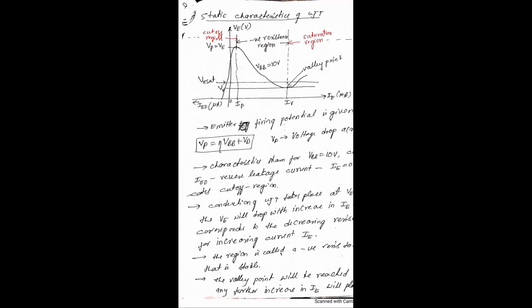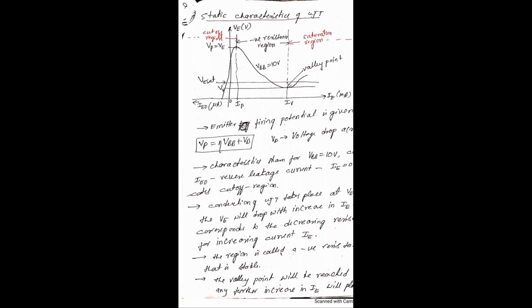You can see the characteristic of the UJT here. When VE reaches VP, the UJT enters the on state. VP and IP indicate the peak voltage and peak current, and IV and VV indicate the valley current and valley voltage. The regions are the cutoff region, the saturation region, and the negative resistance region.